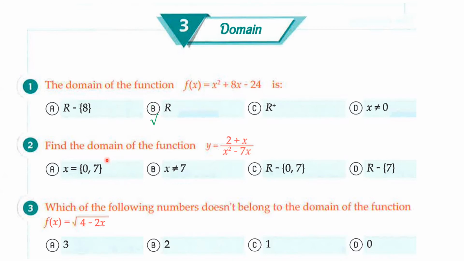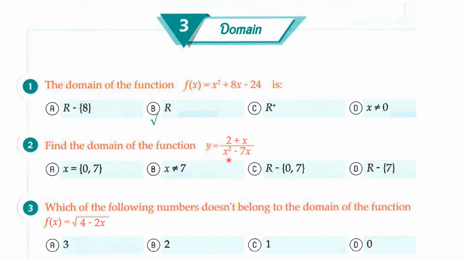Number 2, find the domain of the function y equals 2 plus x over x squared minus 7x. Yes, here there might be a problem in the domain. Why? Because some x's, if I substitute them in the denominator over here, will give me an undefined function. Why? Because we cannot divide by 0.